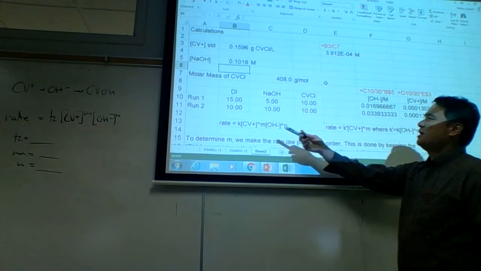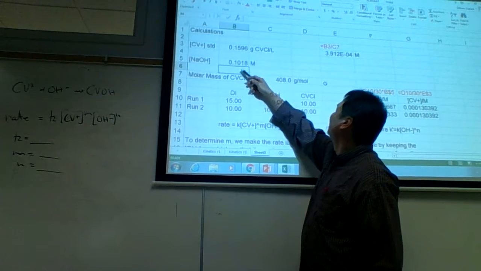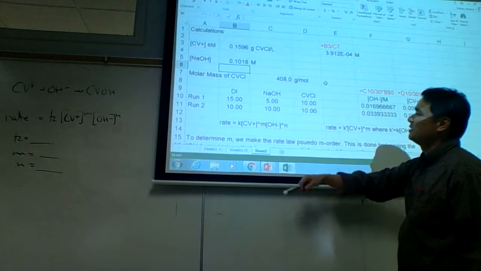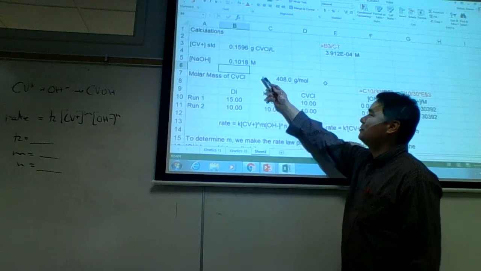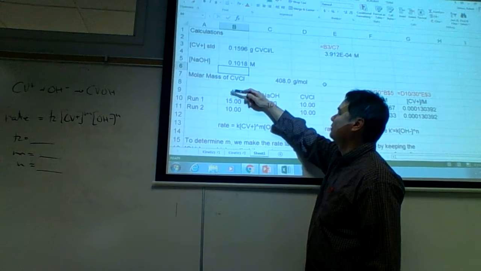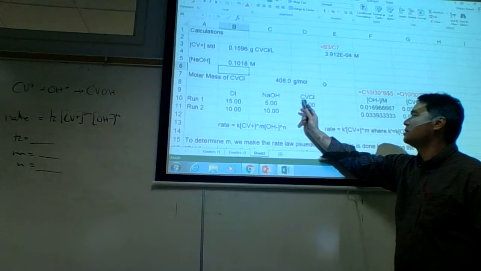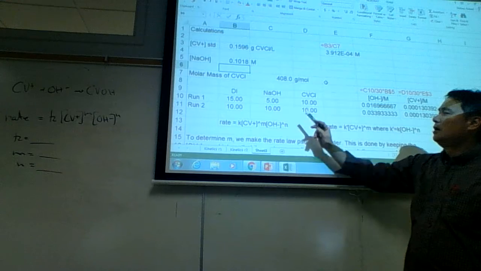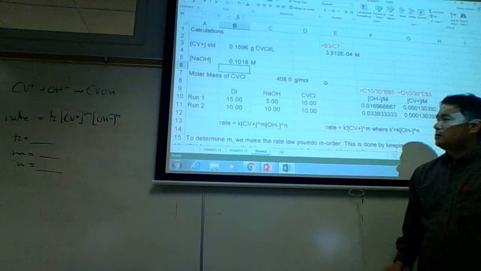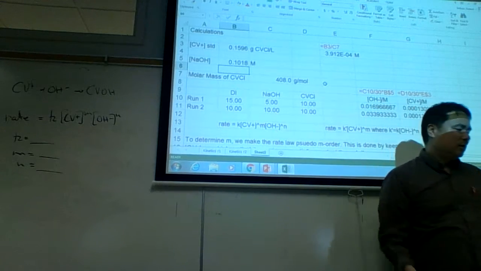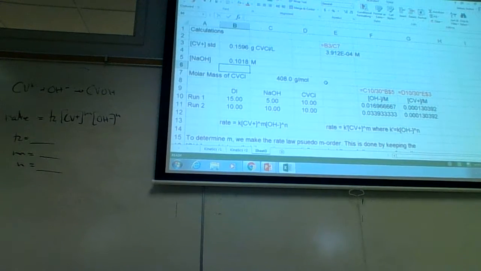So the reason I set it up like this is so I can have Excel do the calculations. And so what we'll have to do is whenever we're mixing solutions together, in this case DI, sodium hydroxide, and crystal violet chloride, we have to factor in solution dilution. And so let's go to run 1 and put in the volumes of each.